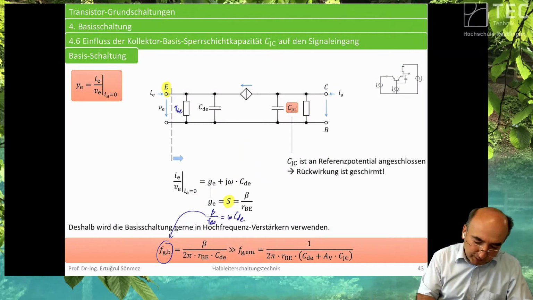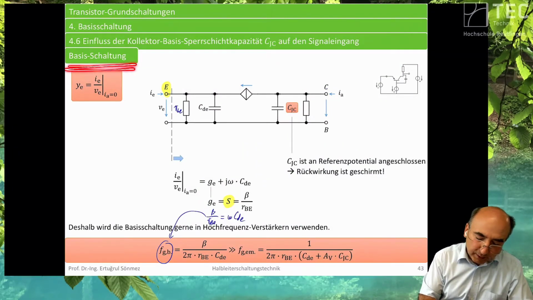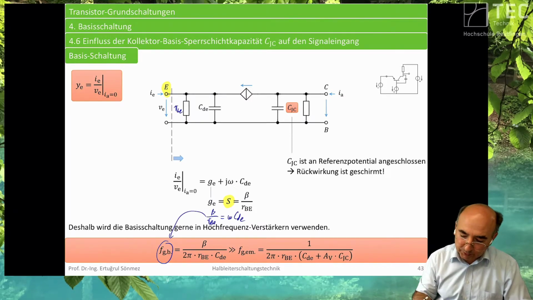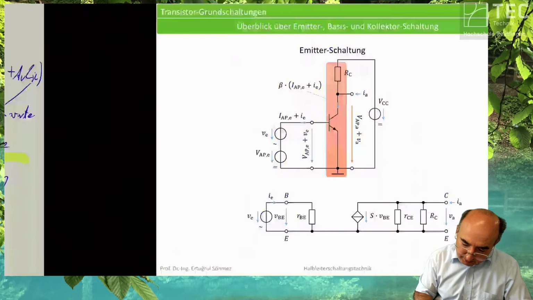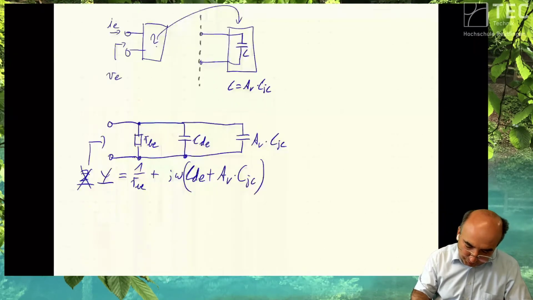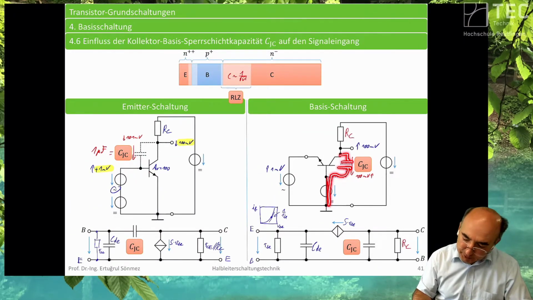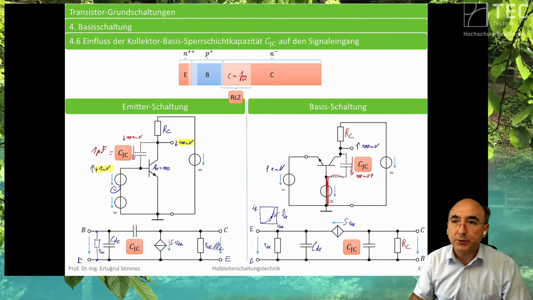And if you have a common gate circuit, in a bipolar transistor called common base, then this doesn't happen anymore, because your Miller capacitance is shorted to ground.